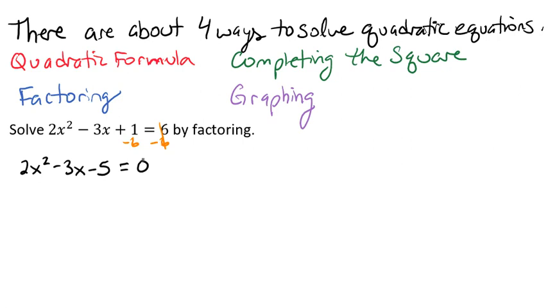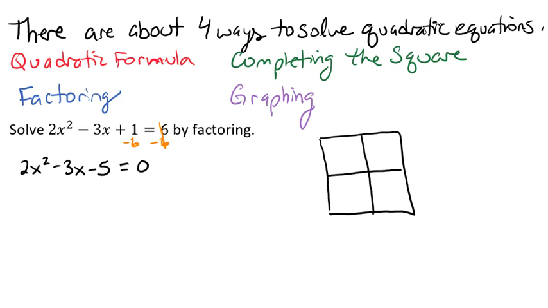Now, to factor this, because our leading coefficient is not a 1, we're going to go ahead and create what I like to call the disco box of factoring. And the disco box of factoring is pretty easy. We're going to take this first piece, this 2x squared, and put it in the first box. Then we're going to take the very last thing, which is the minus 5, and put it in the last box.